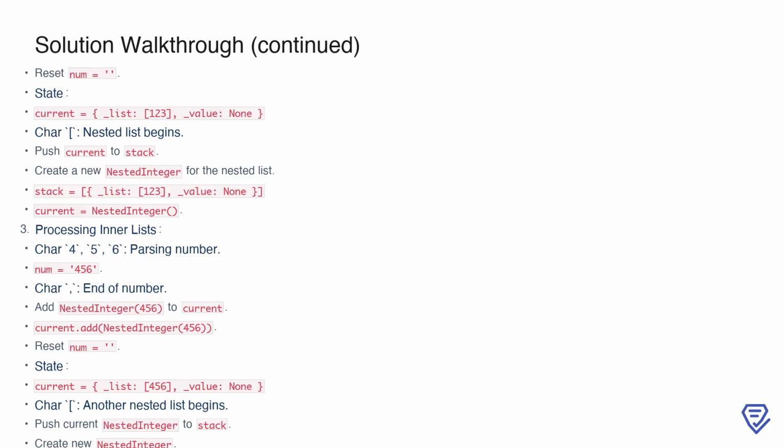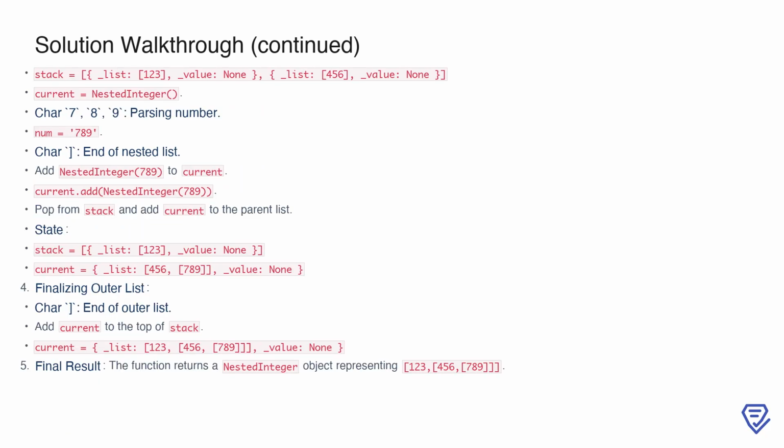Another '[', marking the start of another nested list, prompts us to push current onto the stack and initialize a new nested integer object for this deeper nested list. At this stage, the stack contains two items: _list: [123], _value: none, and _list: [456], _value: none. Meanwhile, current is set to a new nested integer object in the state _value: none, _list: []. We then parse the digits 7, 8, and 9, building the number 789.